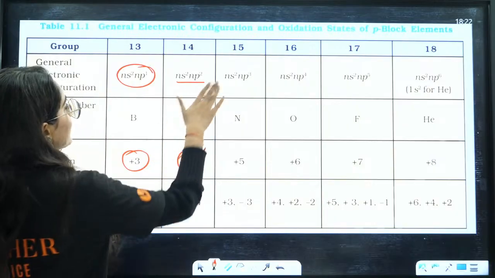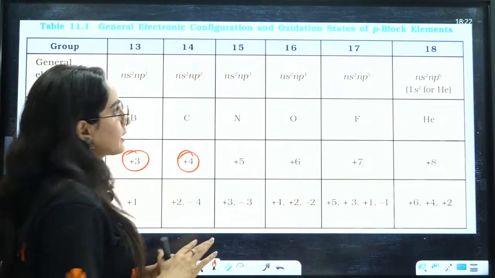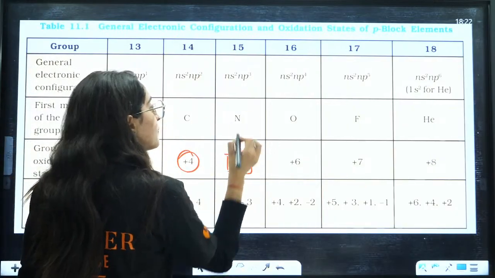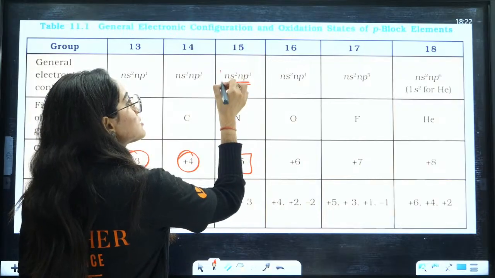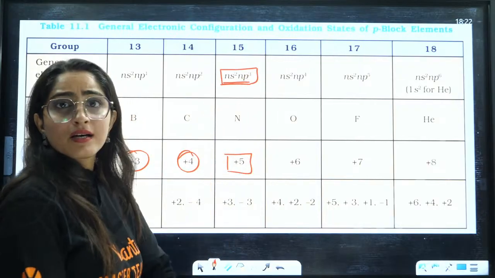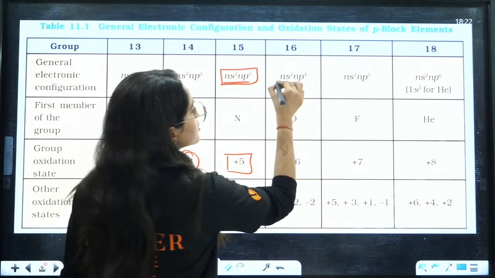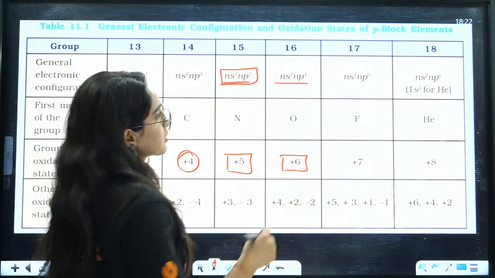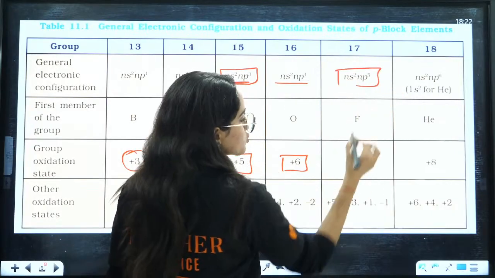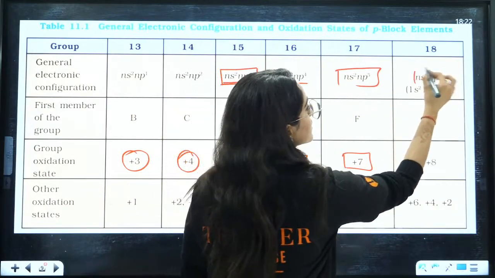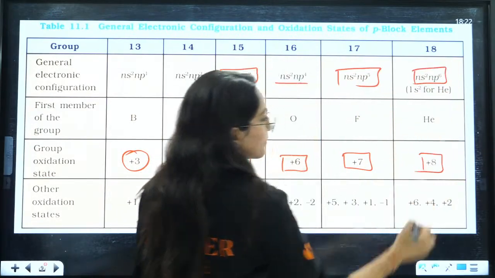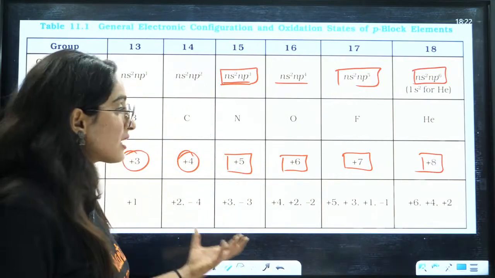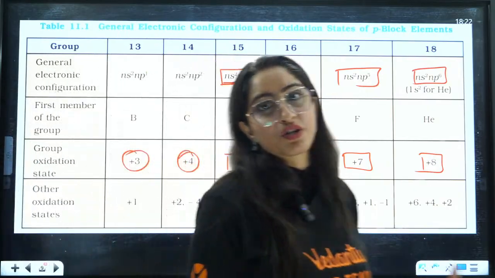Here we are writing that the group oxidation state is +5 because the number of electrons that it has is 5. In oxygen, it is 6. So we are showing that the group oxidation state is +6. Here it is showing 5 + 2, that is +7. Here it is 6 + 2, that is +8, right?